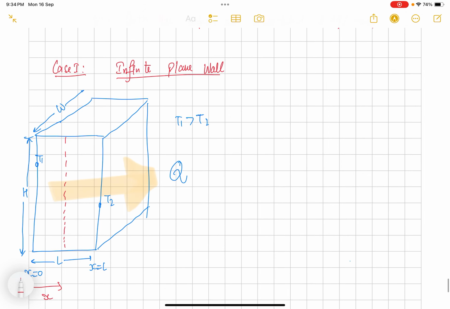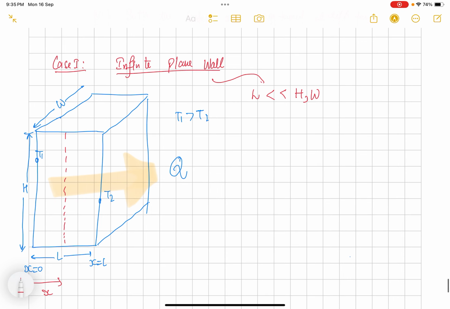So we will start from the governing equation. Infinite plane wall means that the thickness is very small compared to the other two dimensions. This is the meaning of infinite plane wall: the direction in which heat is flowing is much smaller than the other two dimensions.